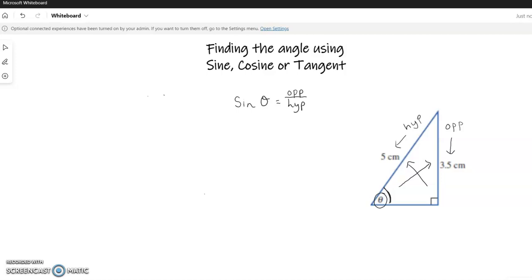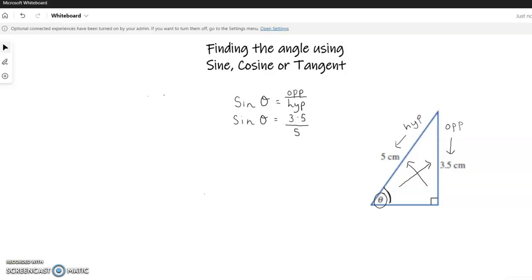Now, if we look at our triangle, let's insert the values of our sides into our equation. So sine of the angle is equal to 3.5, that's the opposite side, over the hypotenuse, which is 5.